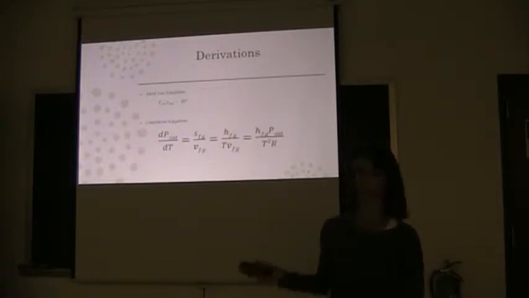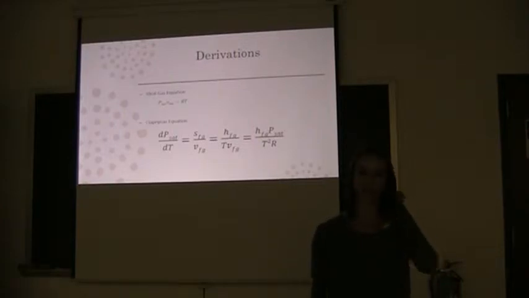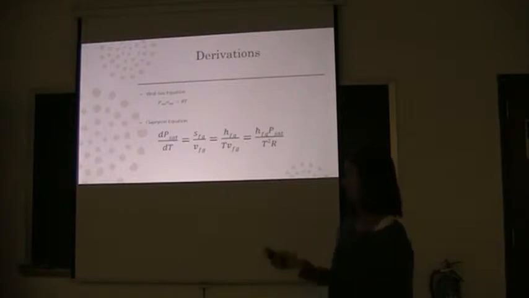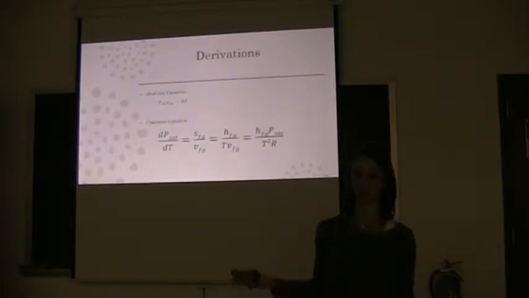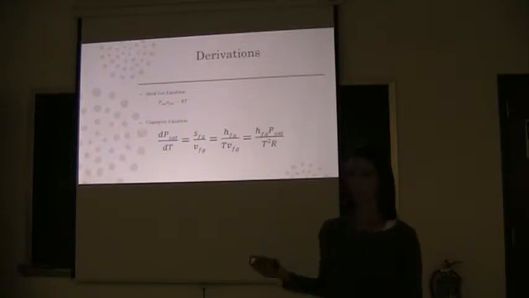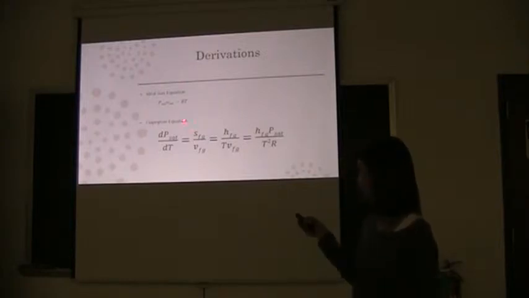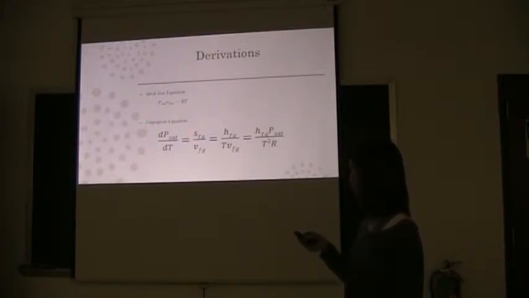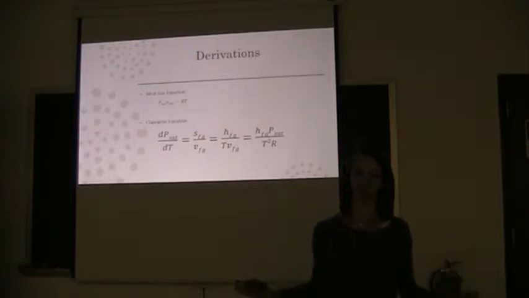Then, using the ideal gas equation, since the Clapeyron equation is used, in our case, for an ideal gas, P-sat times specific volume equals RT. You plug it into the equation, and overall you do get the Clapeyron equation.